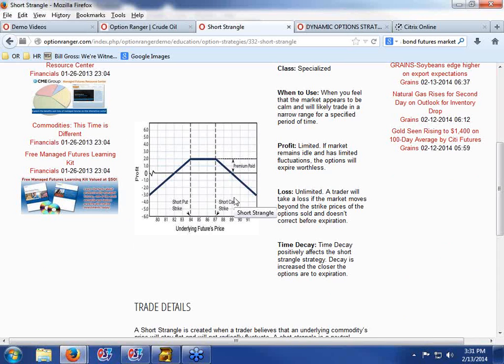And the bread and butter of this trade, what makes it work, is time decay, time erosion. Anybody that has bought options and lost knows that even if your direction is correct when you buy an option, but the volatility is wrong, time decay can turn a winning directional outlook on an option into a losing trade.